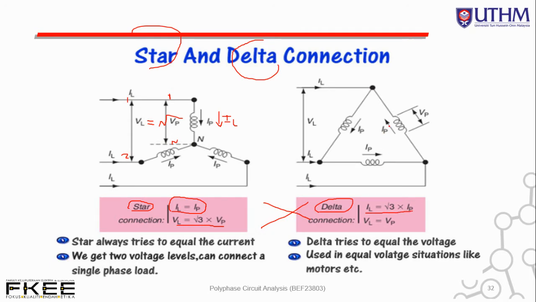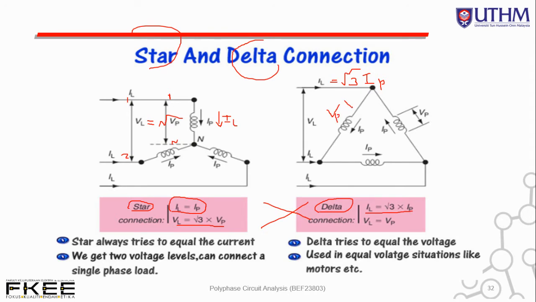So IL is equal to square root 3 times IP. But when we talk about VL with these two, this is actually equal to VP over here.